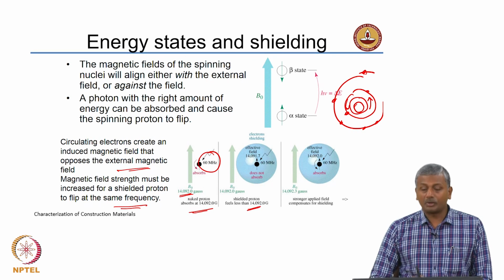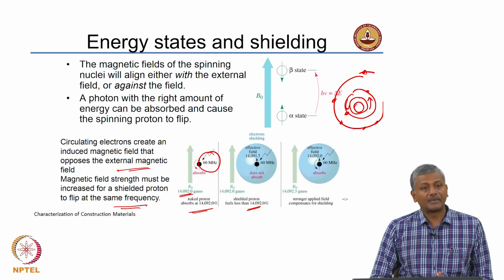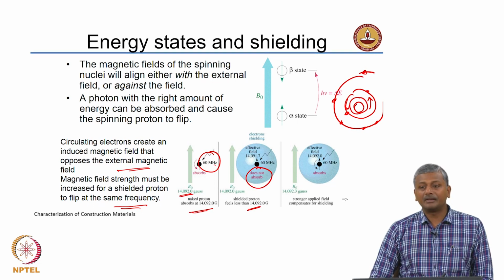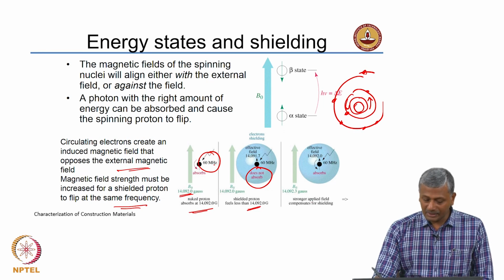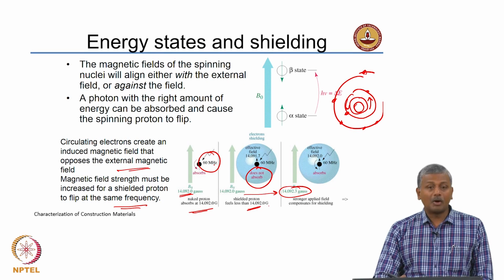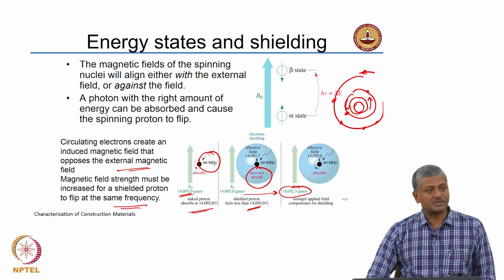But a shielded proton, because of the effect of the electrons around it, does not feel the same level of magnetic field being applied around it. So, because of that, it does not really absorb this radiation coming in at 60 megahertz frequency. Okay. Now, in the other case, if you increase the magnetic field by the amount that the electrons actually reverse that field, then it will start absorbing at that frequency.